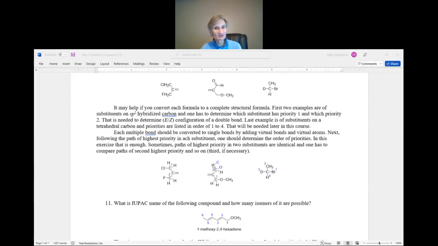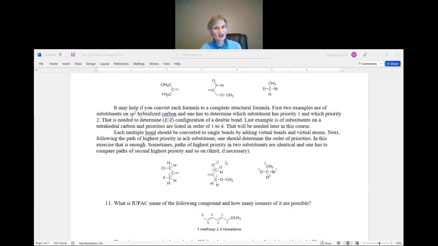It's oxygen. So the virtual atom is oxygen. For oxygen, you convert each double bond to 2 single bonds. What is at the other end of the bond to oxygen? It's carbon. So you put carbon here. The carbon-oxygen double bond became 2 carbon-oxygen single bonds, and from oxygen's point of view, the oxygen-carbon double bond became 2 oxygen-carbon single bonds.